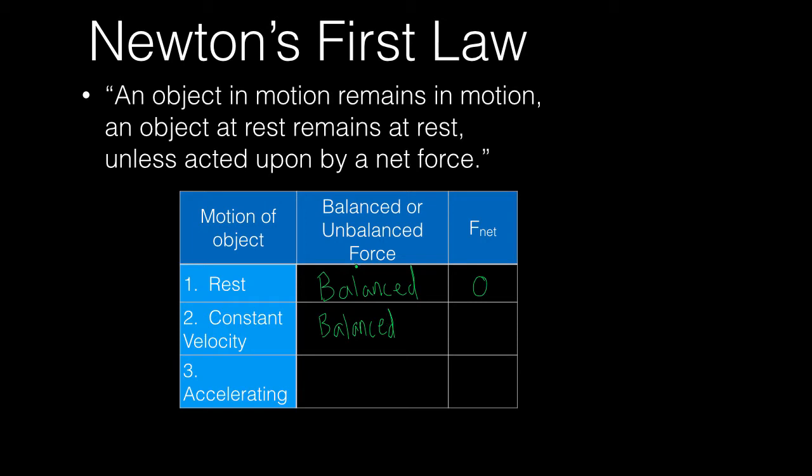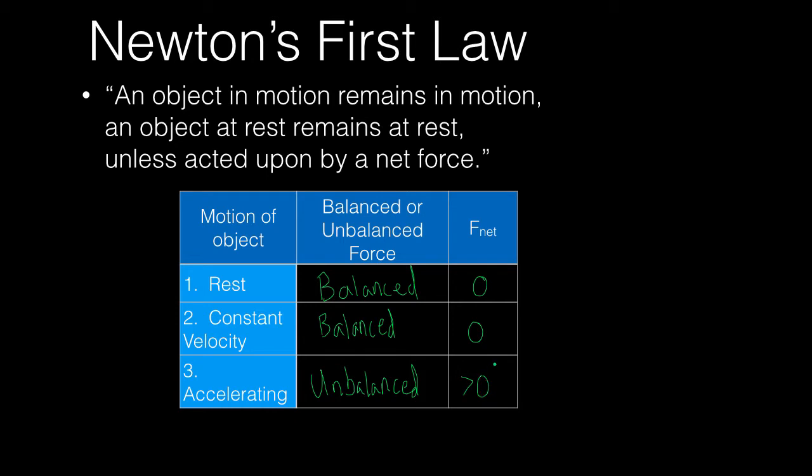And if the forces are balanced, the net force acting on it is also zero. And then finally for an object that's accelerating, so it's going from 0 to 60 in a certain amount of time, the forces acting on that object are unbalanced. And so the net force would be anything greater than 0.